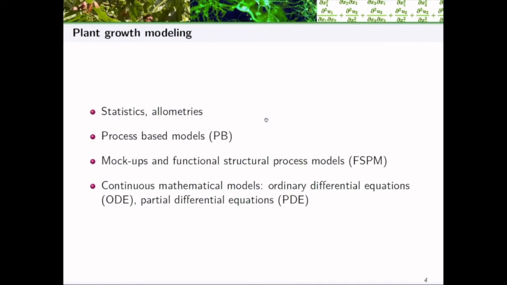And just the way there are many ways to measure plant growth, there are also many ways to model plant growth. Allometries and statistics are great tools to synthesize collected data and to extract correlations between traits. This will allow to describe a plant with a restricted or limited set of data.